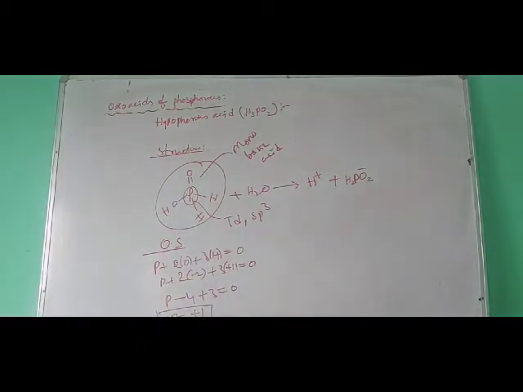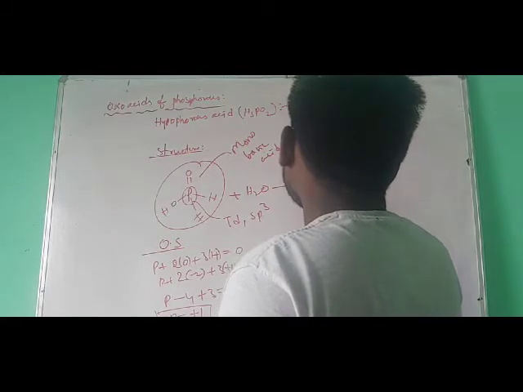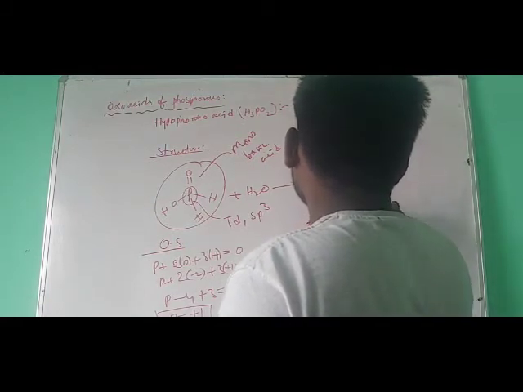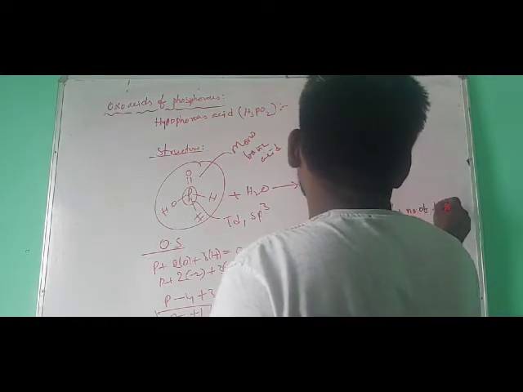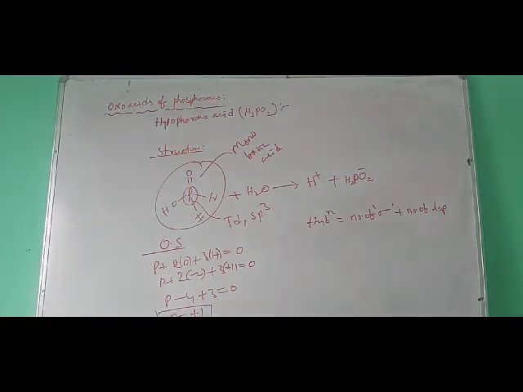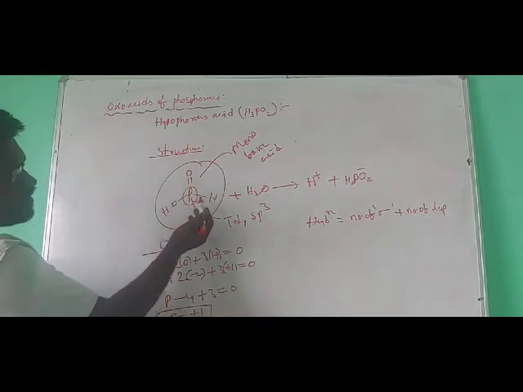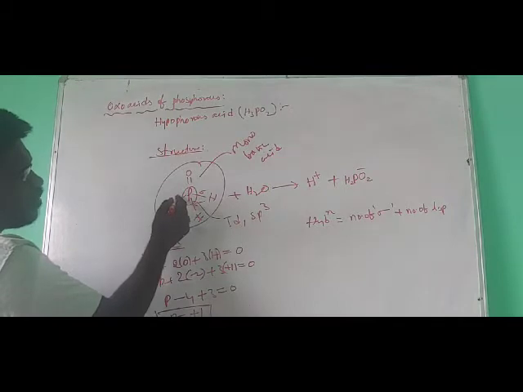Here I will give you one simple formula to find the hybridization from the structure. Hybridization is the number of sigma bonds plus the number of lone pairs. In this one, let us count the sigma bonds. All single bonds are sigma bonds. This is a single bond, so sigma; single bond, sigma.